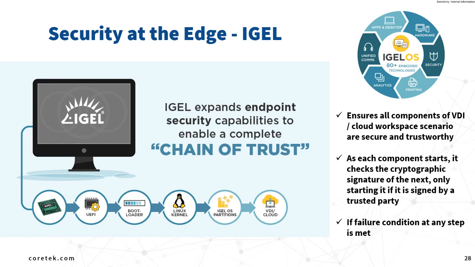And with this endpoint security capability, you're actually checking each layer of that boot and authentication sequence against the cryptographic signatures of the next starting resource, and making sure that any failure at any one of those steps where there might be an injected security concern, that authentication would fail and the administrators of that environment would be notified that something's wrong. So we have tighter security at the edge, as well as tighter security with gaining access to those resources and endpoints with Imprivata.